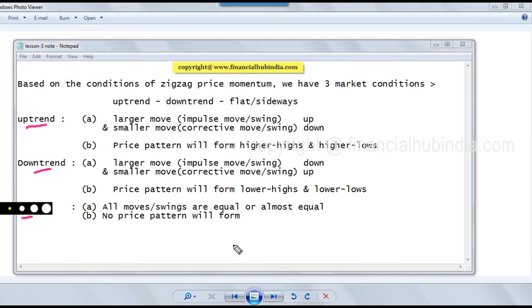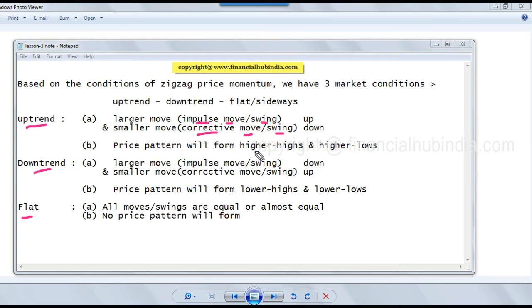But before that, let me clarify a few technical terms with you. We'll cover what is an impulse move, what is a corrective move, because you can see this impulse and corrective move in all three actually. A, B, in all, A's are based on impulse and corrective move, right? What is a swing?